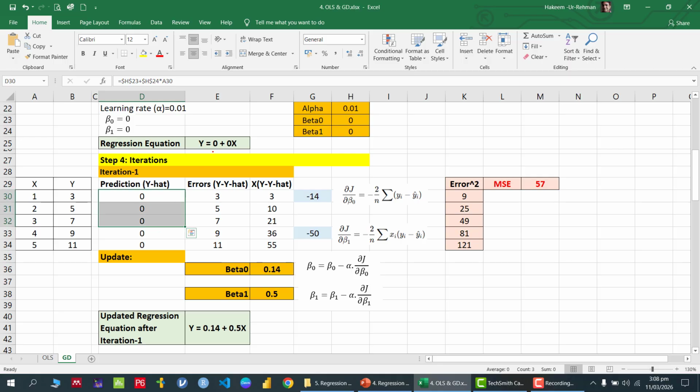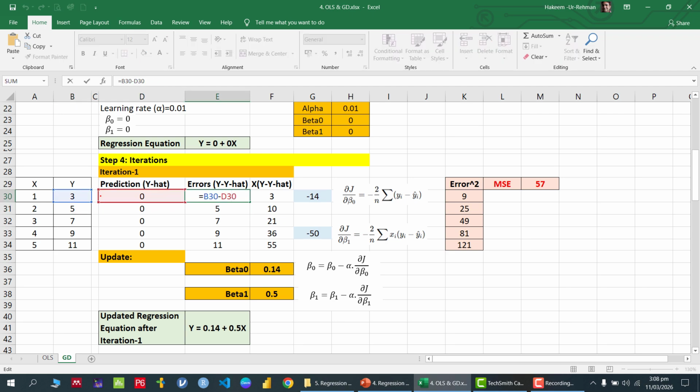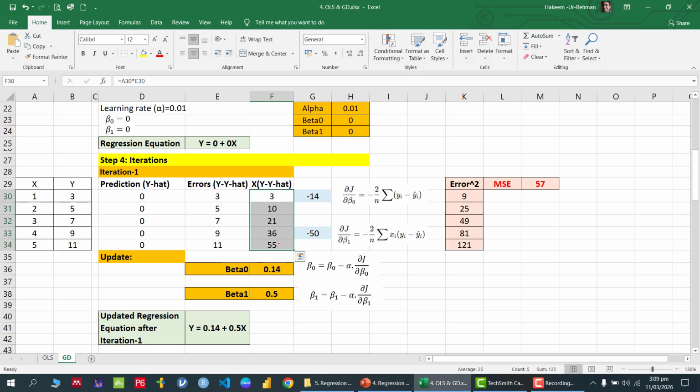Because these are zeros, we are getting zeros. Next we need to calculate y minus y hat, which is the error term. So 3 minus 0 is 3, 5 minus 0 is 5. Basically we are subtracting the y hat column from the y column. Then the next thing we need is x into y minus y hat, the error. We are multiplying this column with this column, so we get x into y minus y hat.